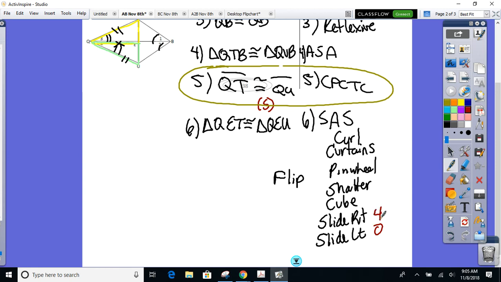Cubes. 6, 7, 8. Okay. Shatters. Again. Pinwheels. Curtains. Curl. And the flip.